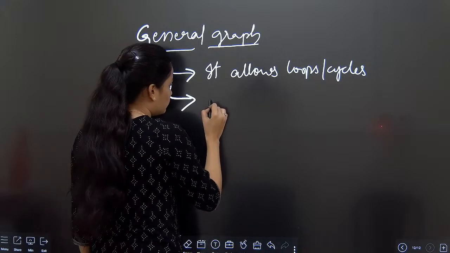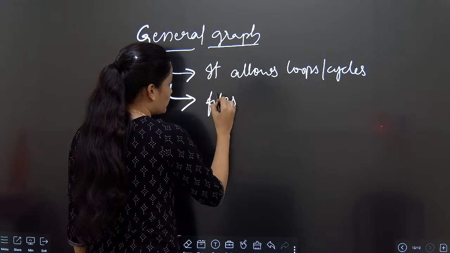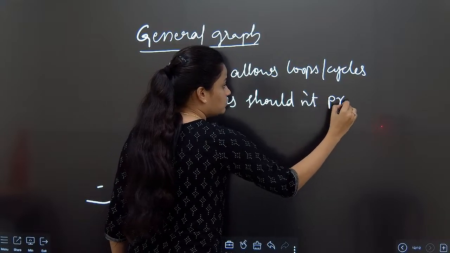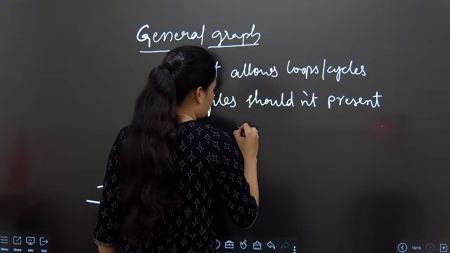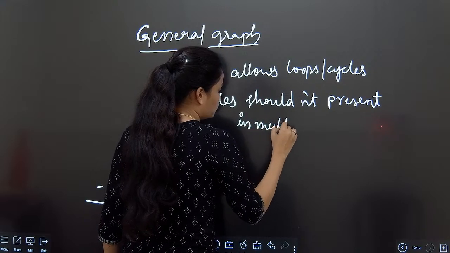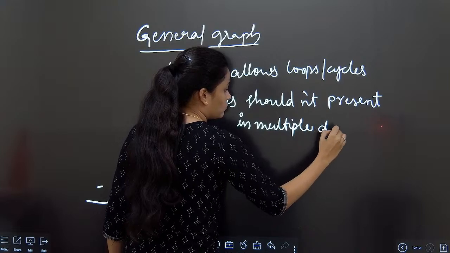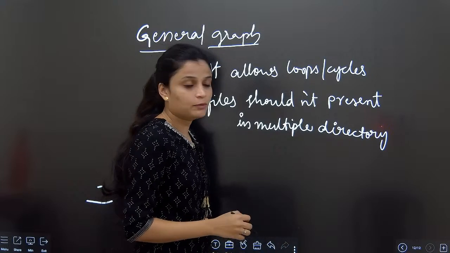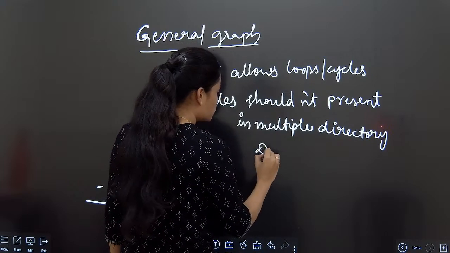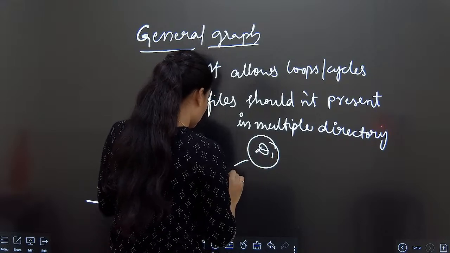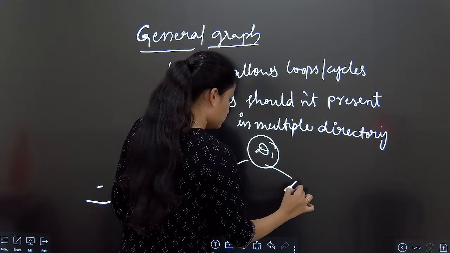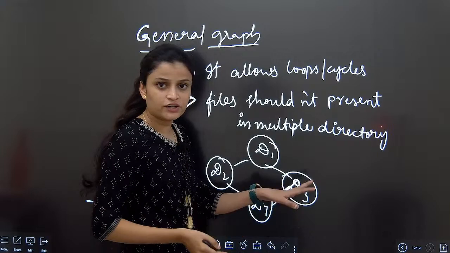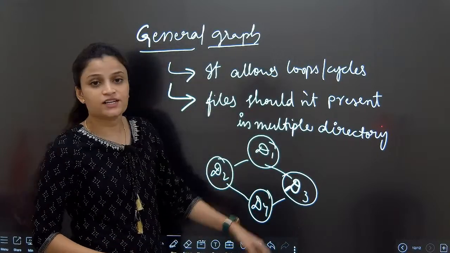It checks that files should not be present in multiple directories. Okay, it allows loops. It allows continuous loops and cycles. This is about the general graph directory.